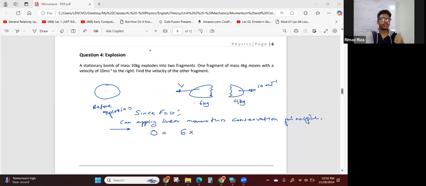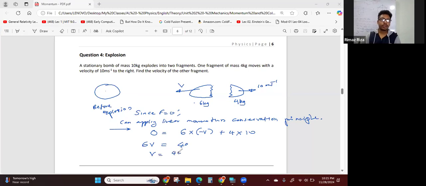I'm considering right side, but it's moving to the left. So therefore it is minus 6v plus this one 4 into 10, its momentum in the same direction that we have considered. Then 6v equals 40.